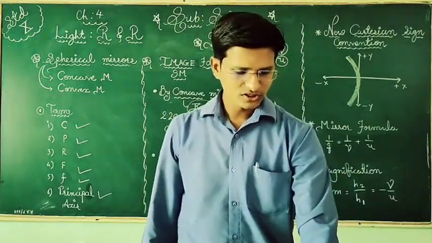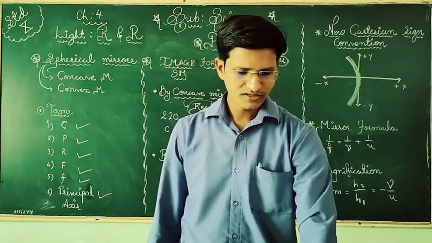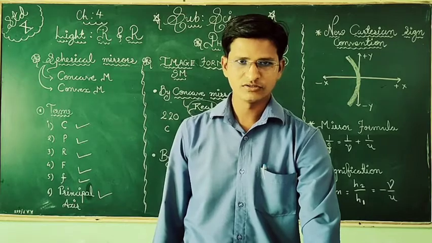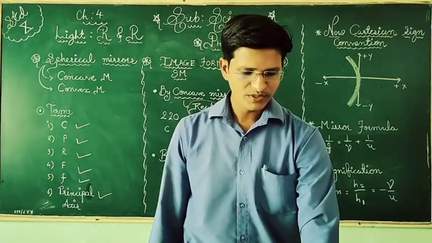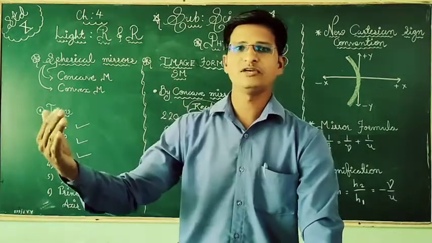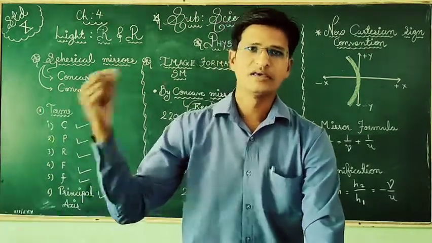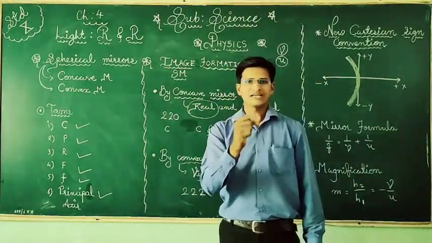And the next position is between infinity and the pole. Here the position of the image is behind the mirror, between P and F. If any image forms behind the mirror, it is an indication that it is a convex mirror.